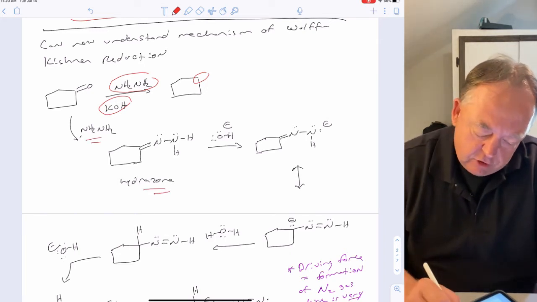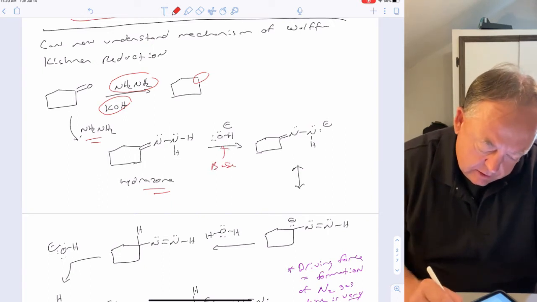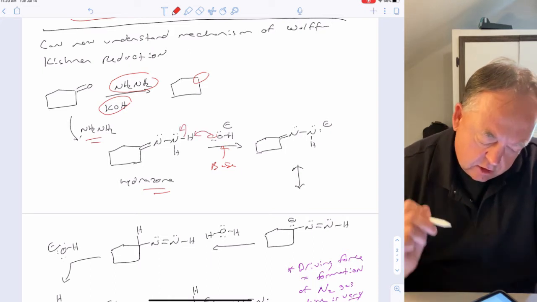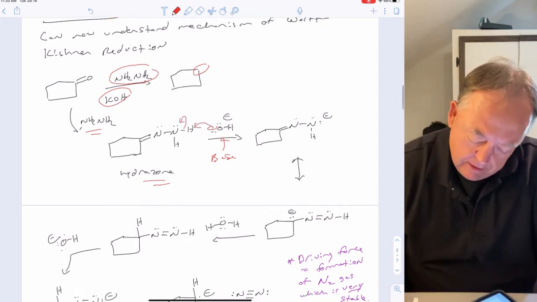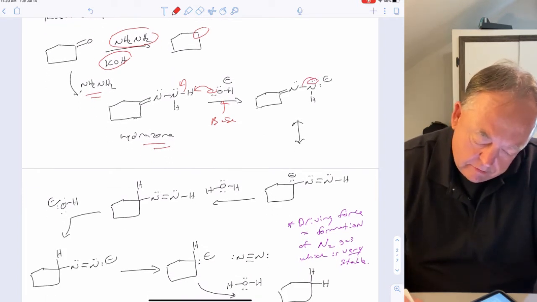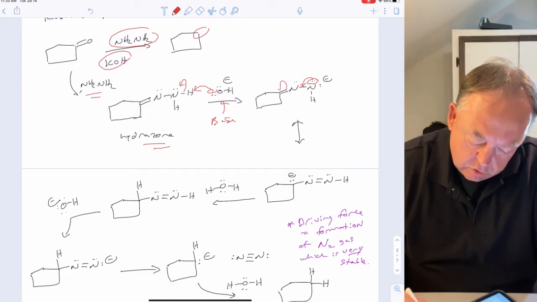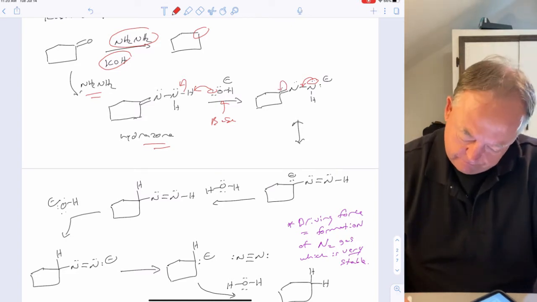And then once you have a hydrazone in the presence of base, hydroxide can deprotonate the nitrogen. These electrons become a lone pair on nitrogen. And then we can draw a resonance structure. So take a lone pair, make an N double bond, and those 2 electrons become a lone pair.